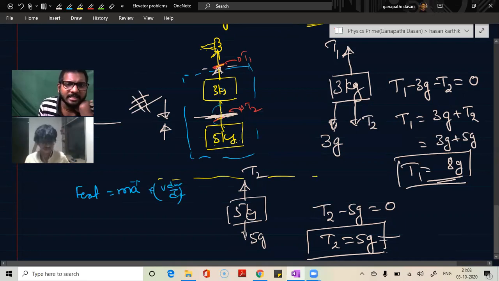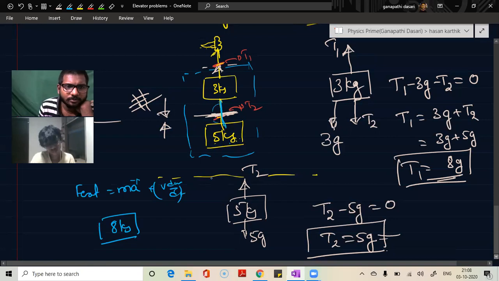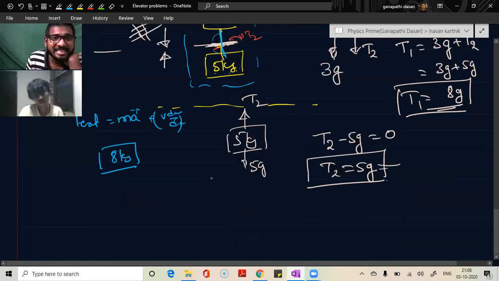So if we consider the 3 kg and 5 kg to be the system, and the string is ideal, the entire system can be treated as 8 kg. For the entire system, T2 is internal. For the 5 kg, T2 is external. You got it?